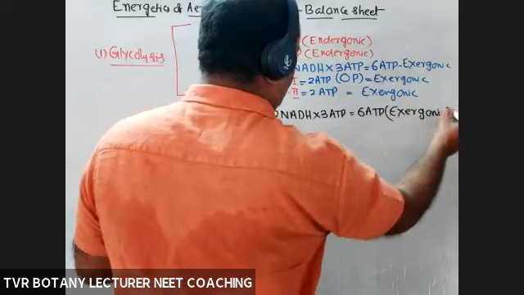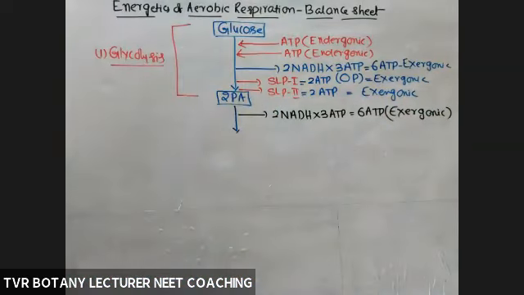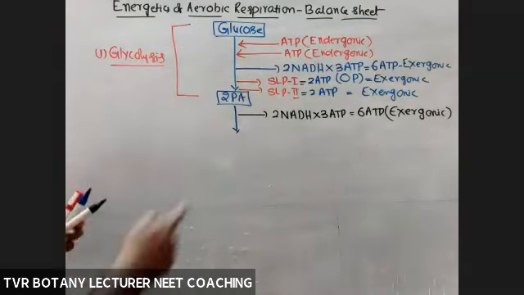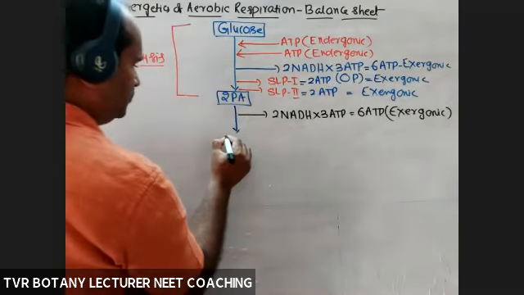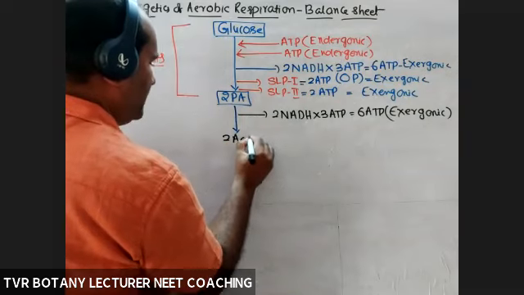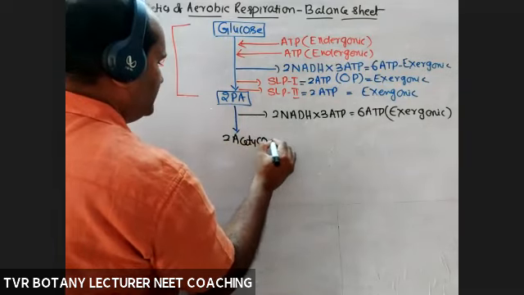Remember, what about the total number of exergonic reactions, and link that one with the statement given during the introduction part: respiration takes place in a stepwise manner, whereby enabling the system to capture energy in the form of ATP molecule. Stepwise or not? Is it taking place at a time? No. So 2 molecules of acetyl coenzyme A.